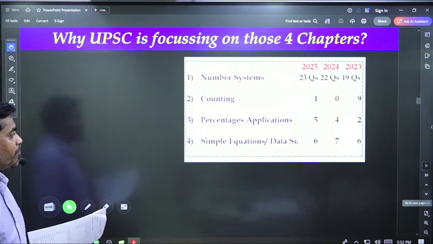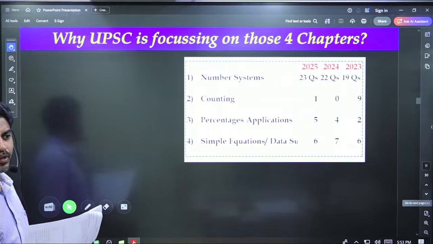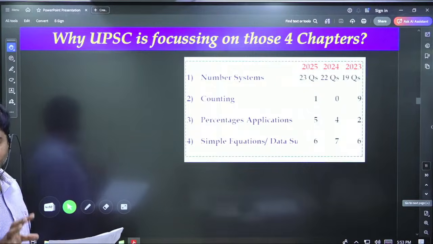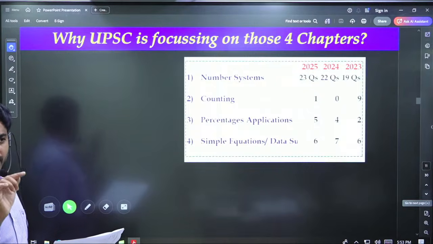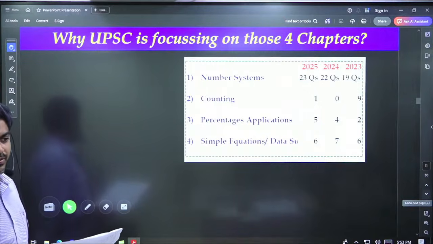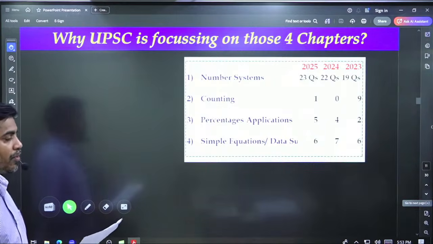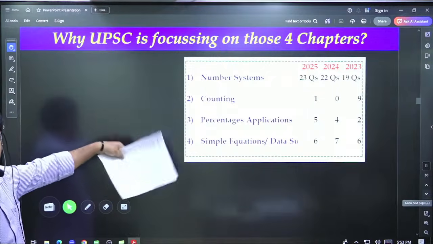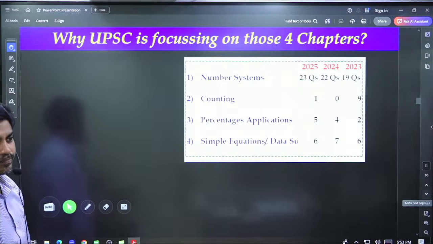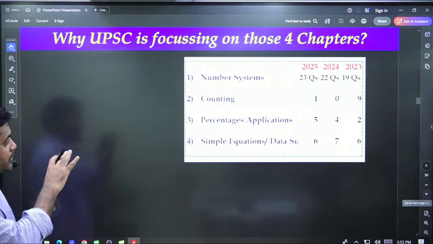Simple equations and data sufficiency: they will give statements, statement 1 and statement 2, and based on the statements we have to figure out the answer. That area is also very important, 6 to 7 questions. If you can cover them, a minimum of 35 questions will be covered here only. The remaining chapters are also important, but only 1 to 2 questions. Don't miss these chapters.